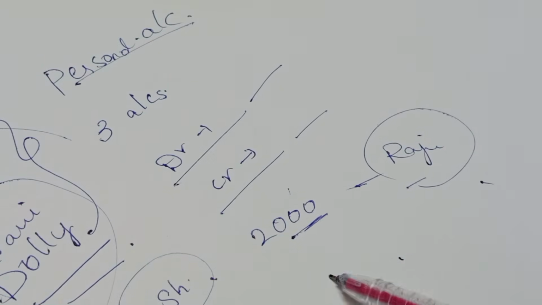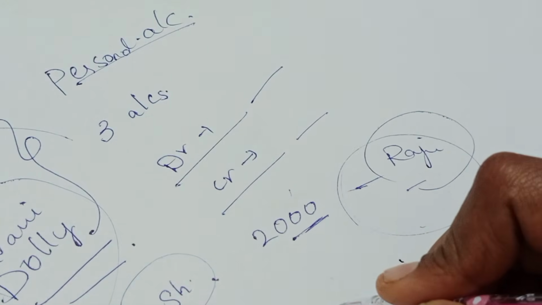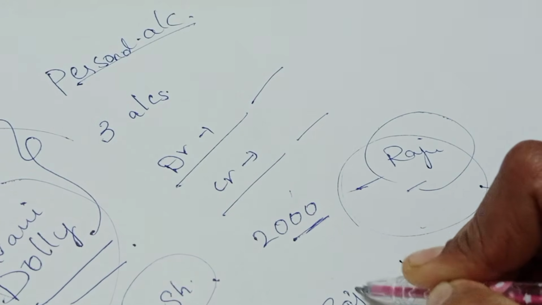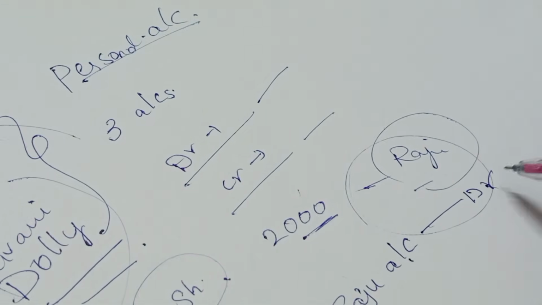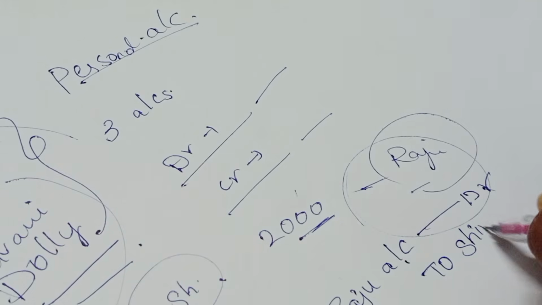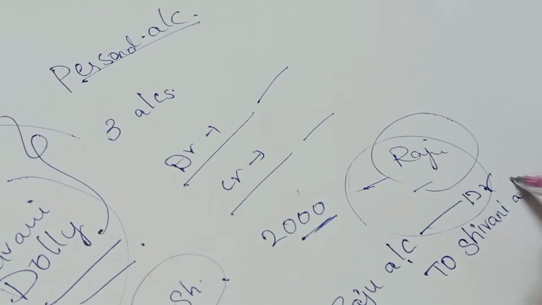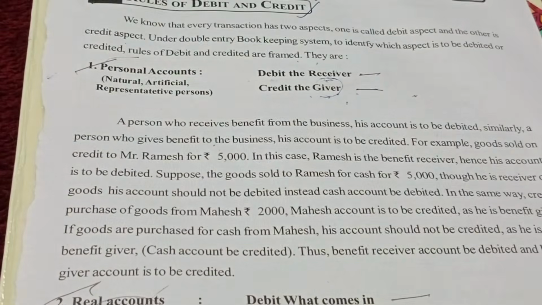Shivani is giving money to Raju, so who is receiving? Raju is receiving. So how should you write? Raju account is debited, right? Debtor. To whom? To Shivani, who is giving, to Shivani account. Like that you need to understand it. I'm just simply saying, you just need to understand.